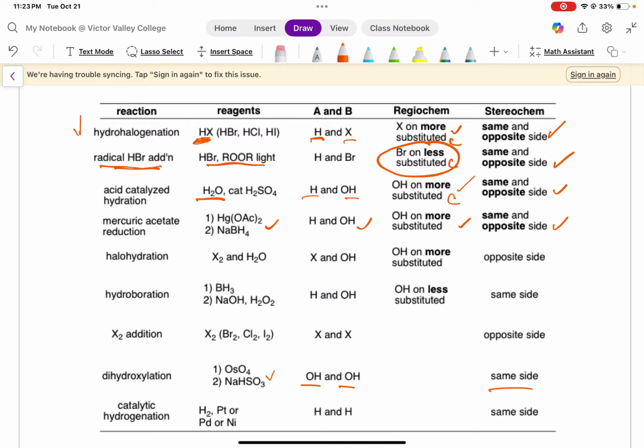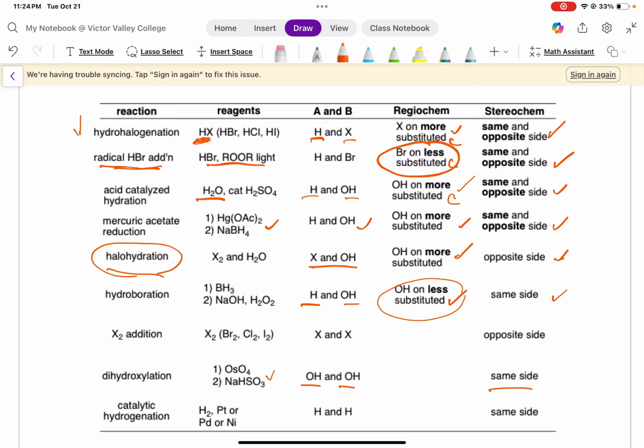So you get two products there, same and opposite sides. But halohydrations, OH on the more substituted carbon, and they have to be opposite. Hydroborations, you're also adding hydrogen and OH. It's anti-Markovnikov. I'm going to circle the anti-Markovnikov, and that will be OH on the less substituted carbon, and they go on the same side.